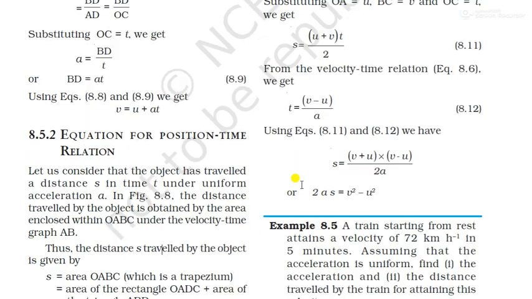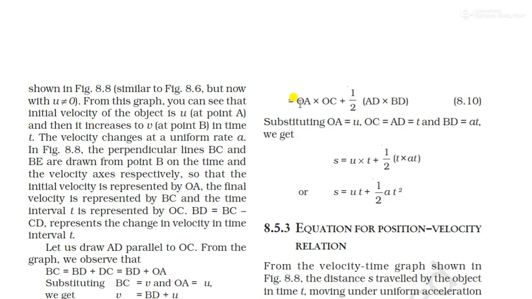So we can write it as OA into OC plus half AD into BD. Now substituting OA is equal to U, OC is equal to AD as T, and BD is equal to AT, we get S is equal to U into T plus half T into AT, which gives S is equal to UT plus half AT square, hence proved.